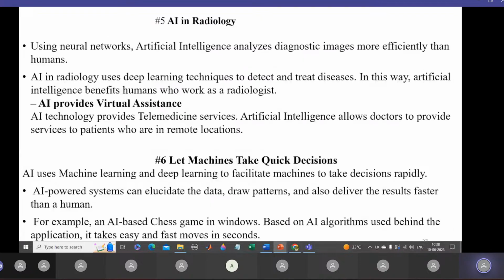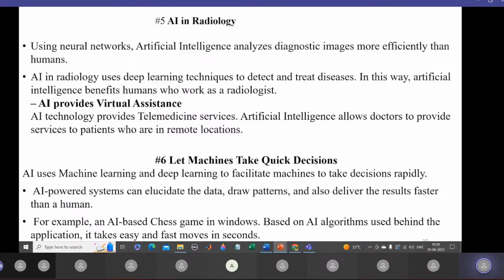AI in radiology: using neural networks, AI can analyze and diagnose the images more efficiently than the humans. Whatever images you have, like it can be a cancer or whatever it is, right? Those images are identified, and it will analyze, and it will give a more efficient result than the human beings.